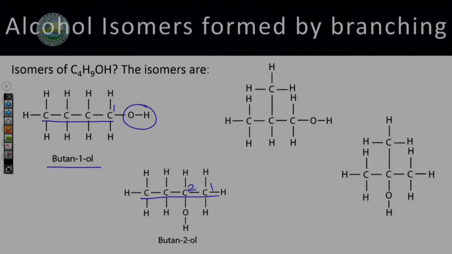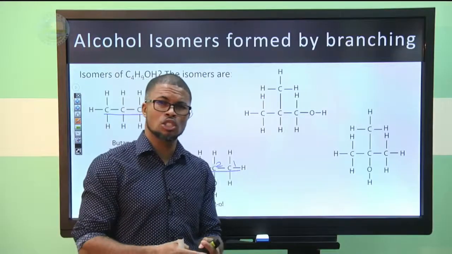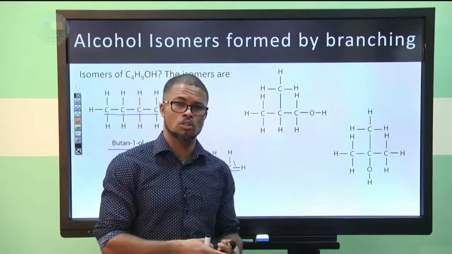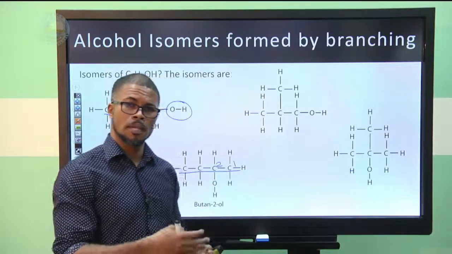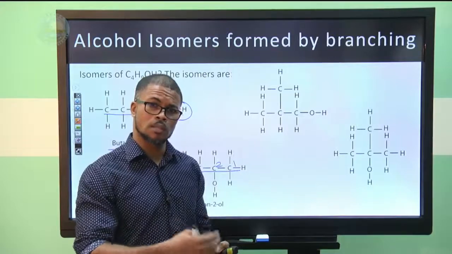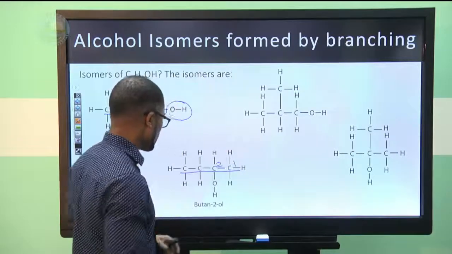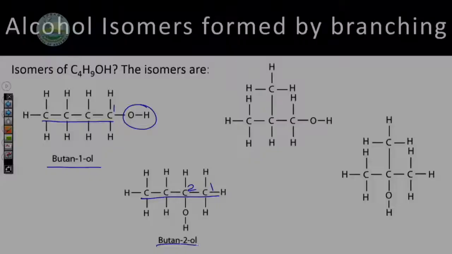Why is that? Because we know that when we are numbering the carbon chains, we number them based on the carbon that is closest to the functional group. So we begin by getting the functional group to the lowest possible number. In this case, we're going to call it butan-2-ol.